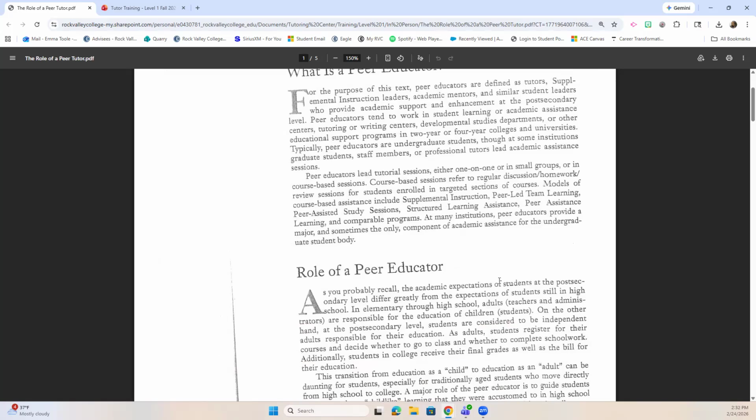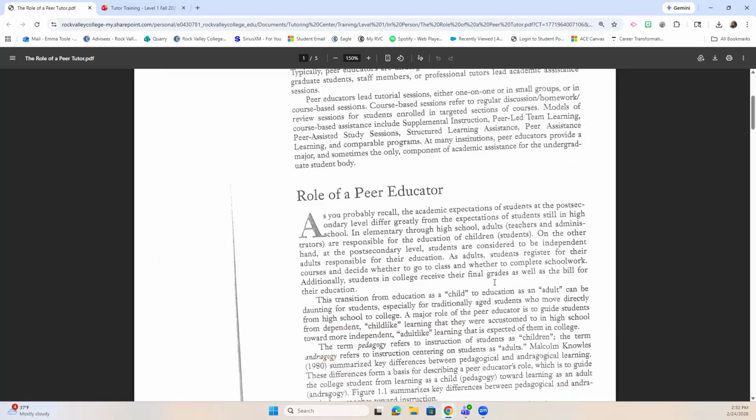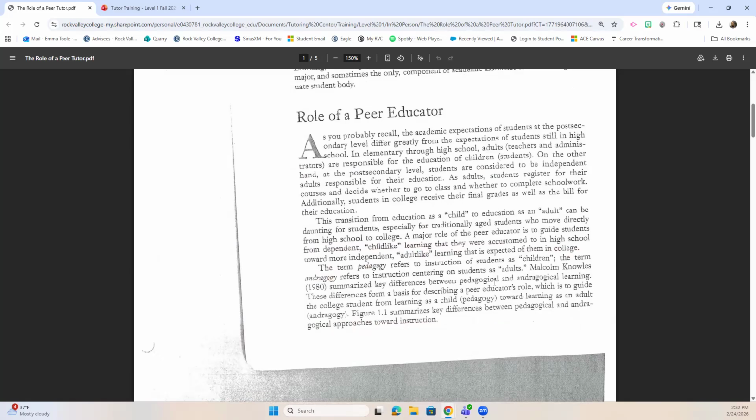Models of course-based assistance include supplemental instruction, peer-led team learning, peer-assisted study sessions, structured learning assistance, peer assistance learning, and comparable programs. At many institutions, peer educators provide a major and sometimes the only component of academic assistance for the undergraduate student body.